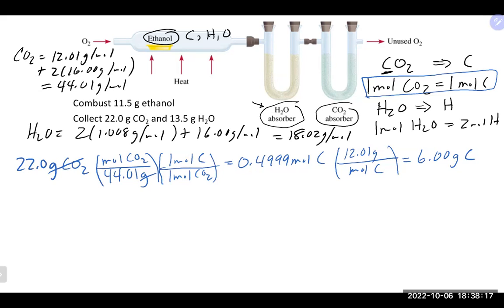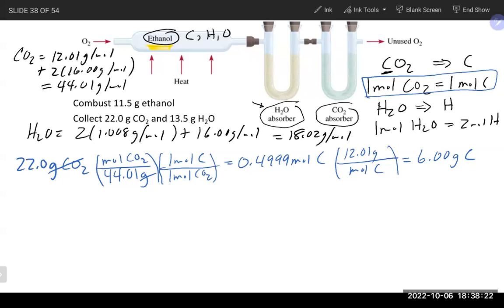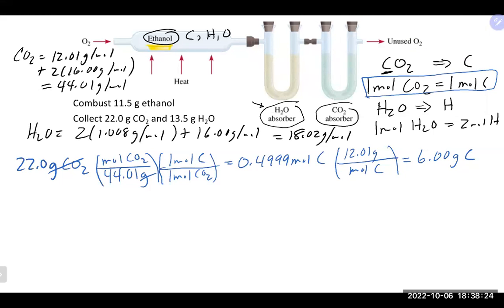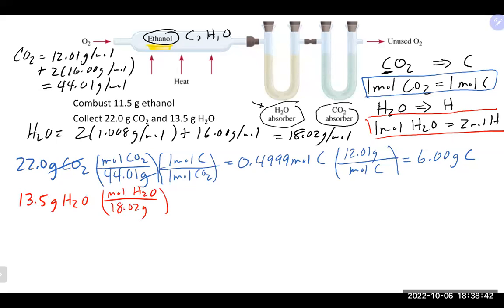We could do the exact same calculation for the water. We're going to start with the 13.5 grams of water that was collected and convert it into moles by using the molar mass of water. Once again, we're interested in just the hydrogen, so we use our relationship for hydrogen to water to get moles of hydrogen. 1 mole of water is 2 moles of hydrogen.